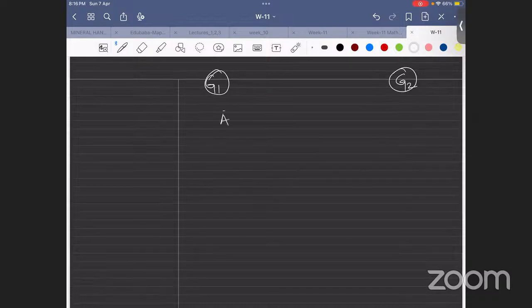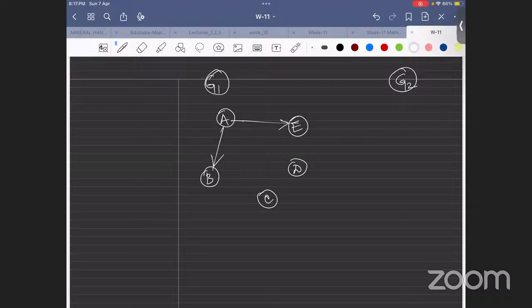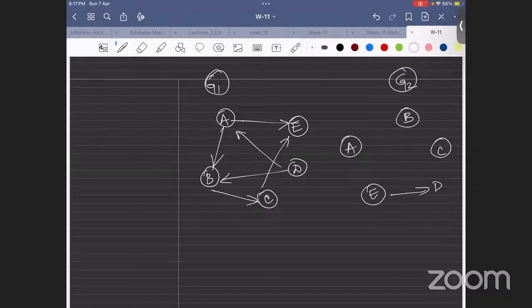So this is A. Can you tell me which of the following is a DAG?